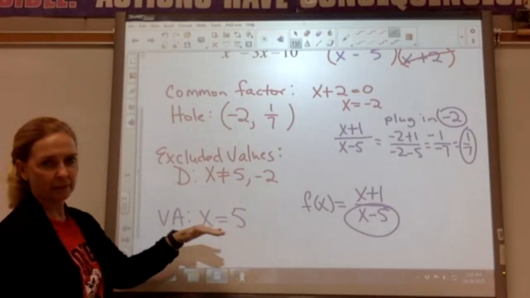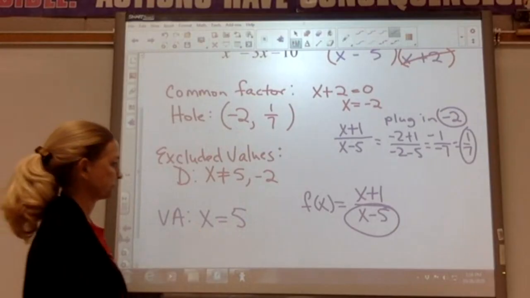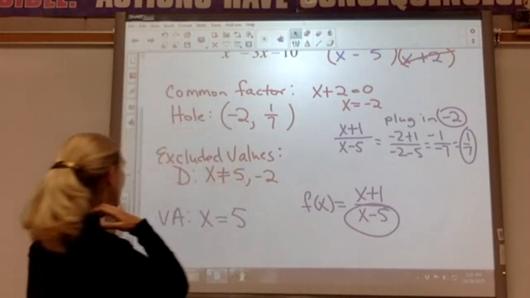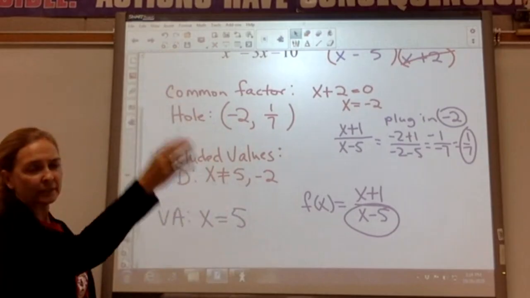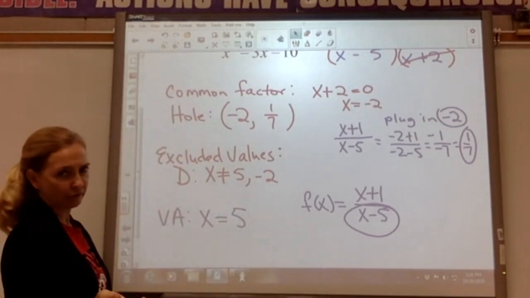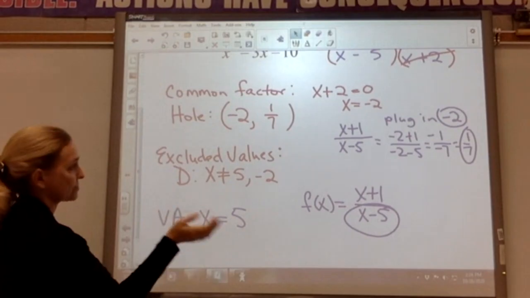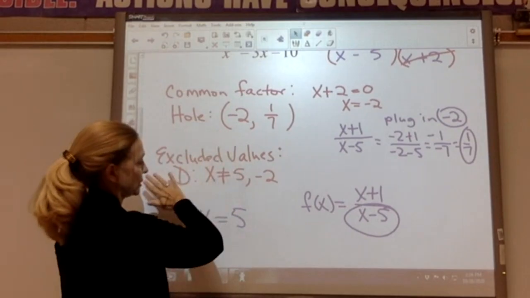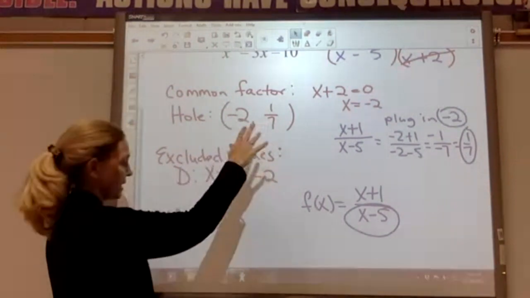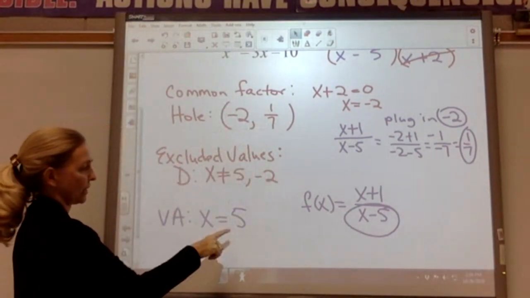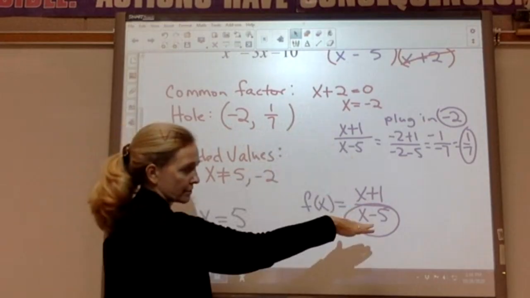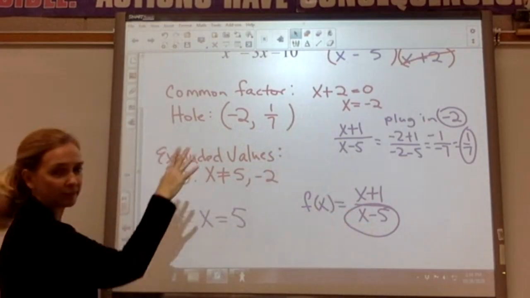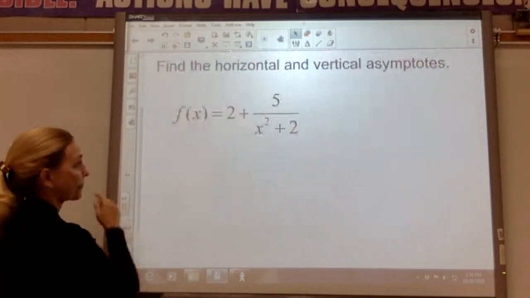So this would be the only vertical asymptote we would see, right? So if it has a common factor, that means it has a hole, and that's going to be just a few problems, not many, but we'll have some to practice. And then find your domain, which includes everything, all the original problem, and then the vertical asymptotes come from the reduced fraction. Okay. Really, everything else comes from the reduced fraction.